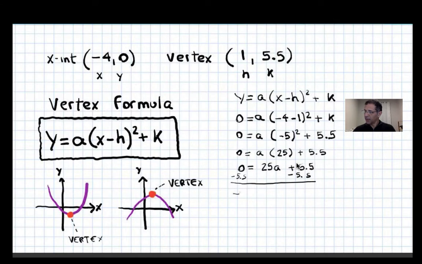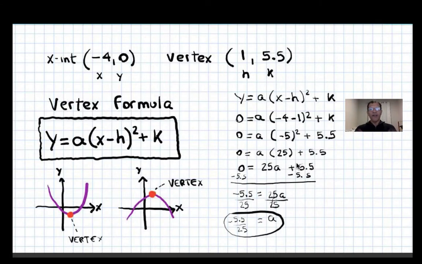Now I have negative 5.5 equals 25a, and dividing this side by 25 and this side by 25, a is going to be negative 5.5 divided by 25.